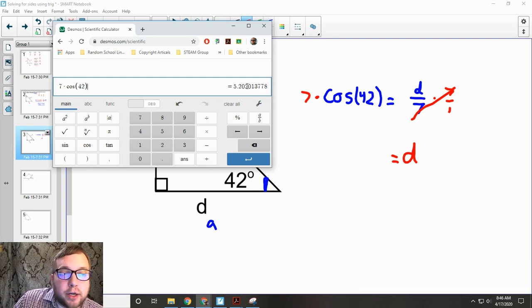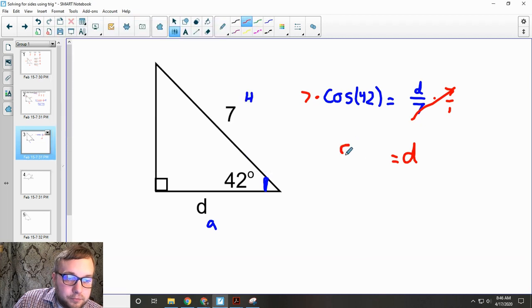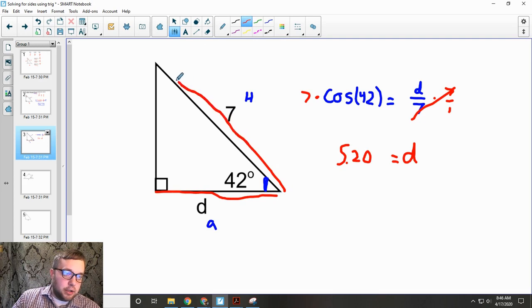So this 2 here means I'm going to round it down, so it's going to just stay 5.20. All right, so the length of D is 5.20. Would you guys believe that? If 7 is this one here, can you imagine that this is 5.2? Yeah, it looks about right.